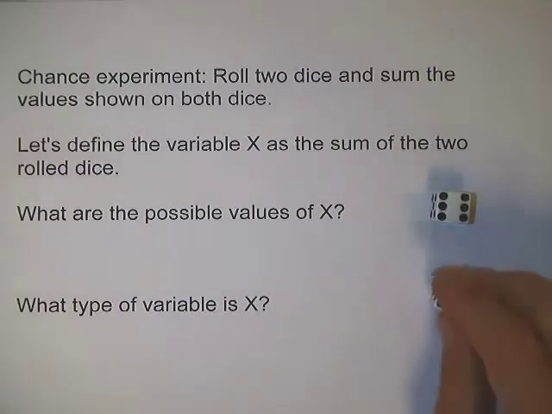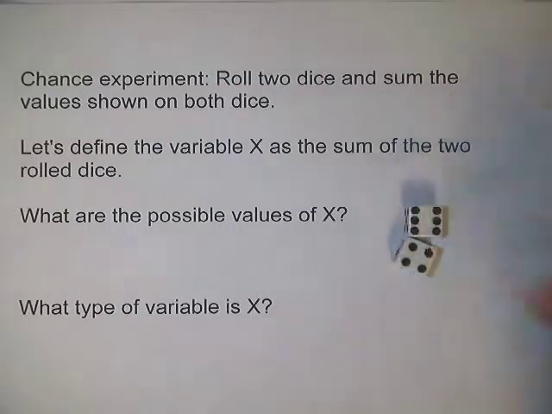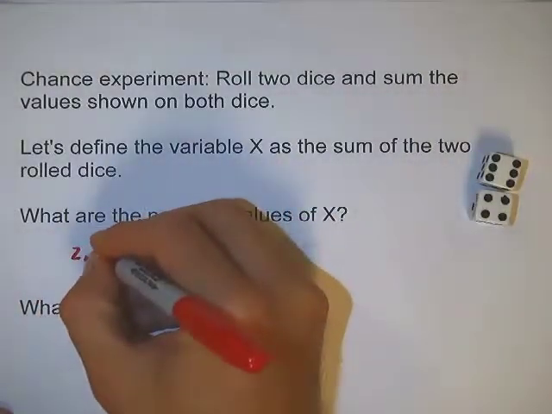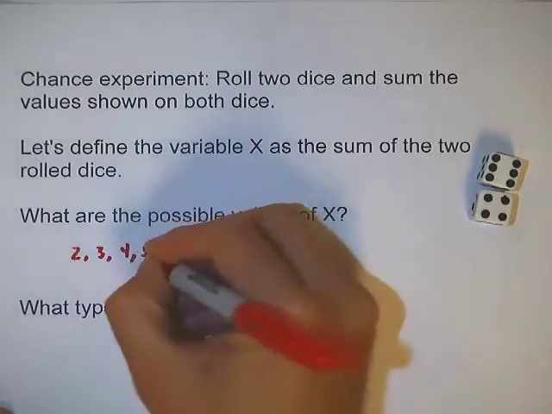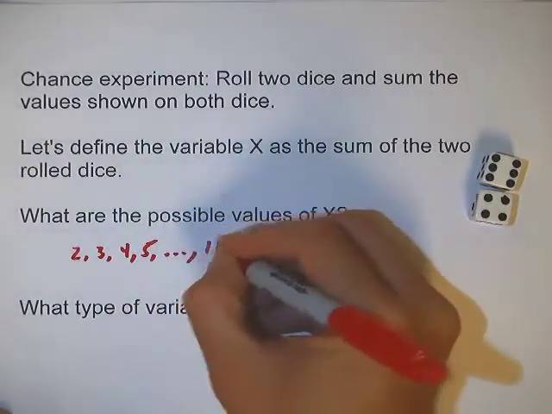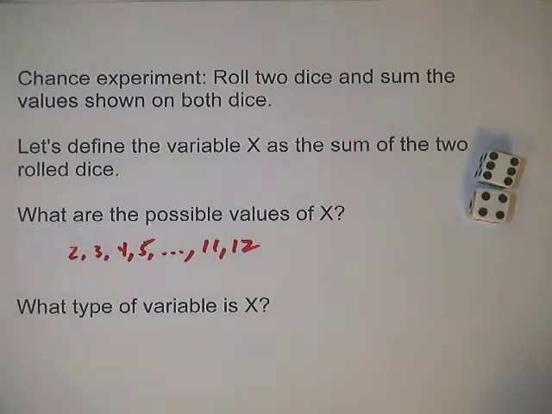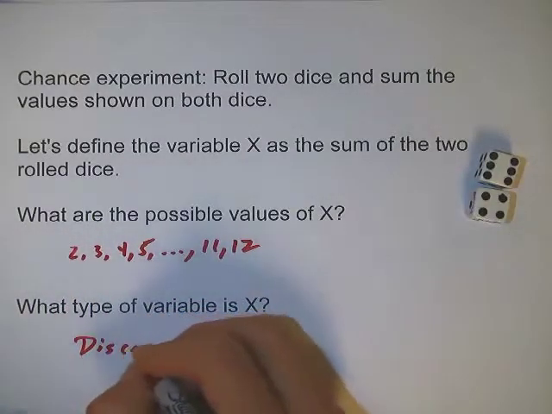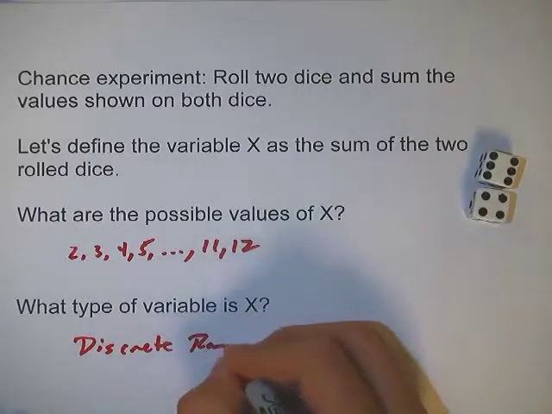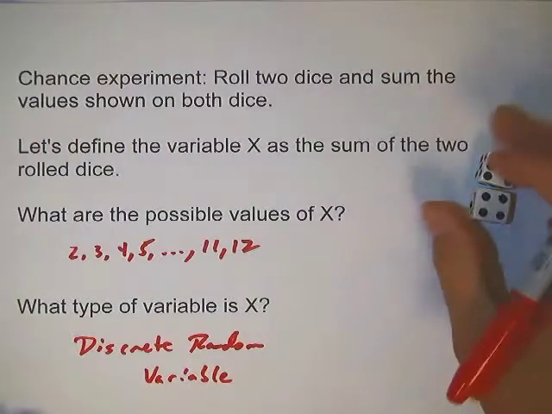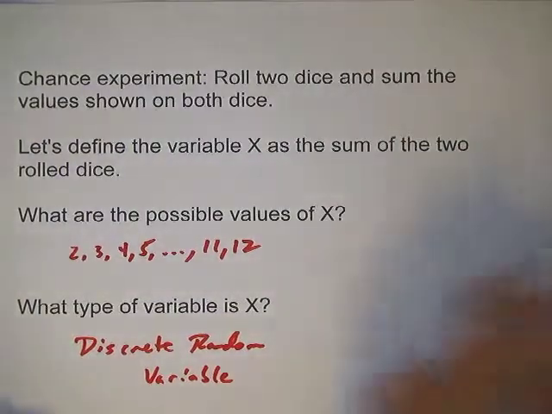You can have all of the values between 2 and 12: 2, 3, 4, 5, up to 11, 12. So what type of variable is x? Since there are a countable number of outcomes, this is a discrete random variable. It's not continuous because there are a countable number of values.